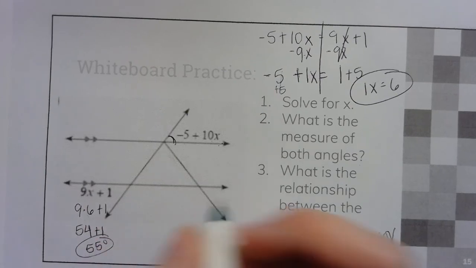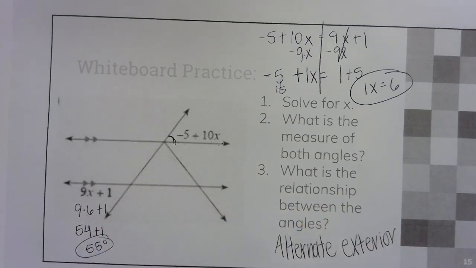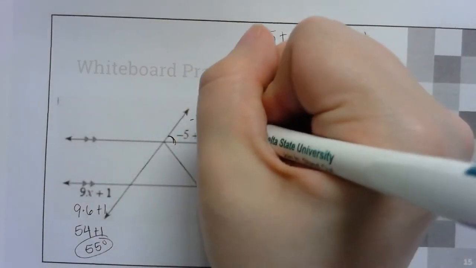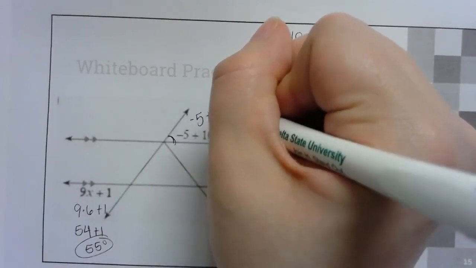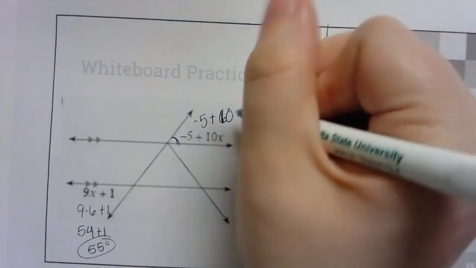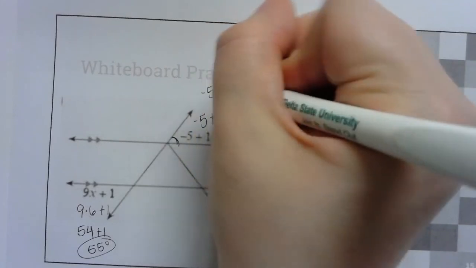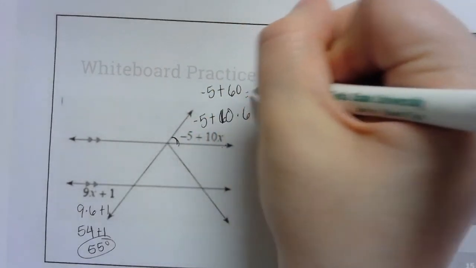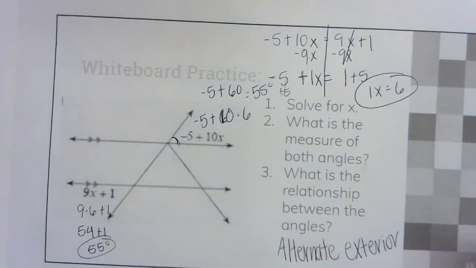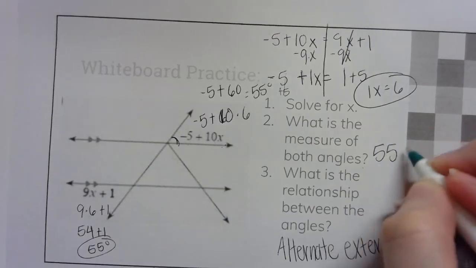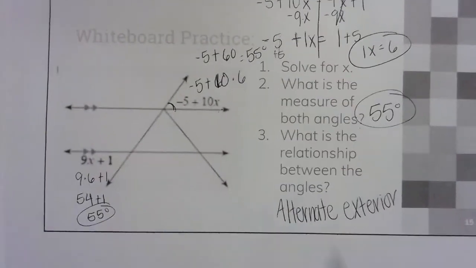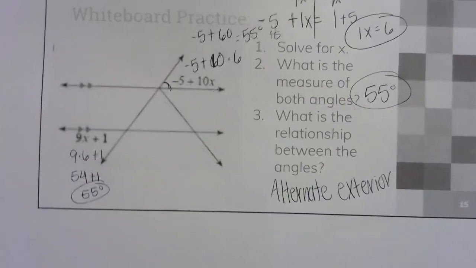I can still check, even though I know it's going to be the same, and say -5 plus 10 times 6, so -5 plus 60 is also 55. So both angles measure 55 degrees, and we already said that they are alternate exterior angles.